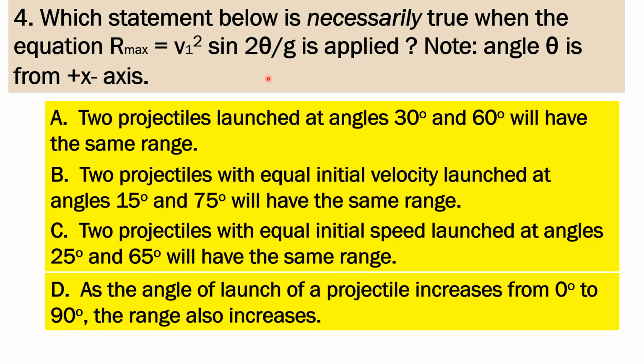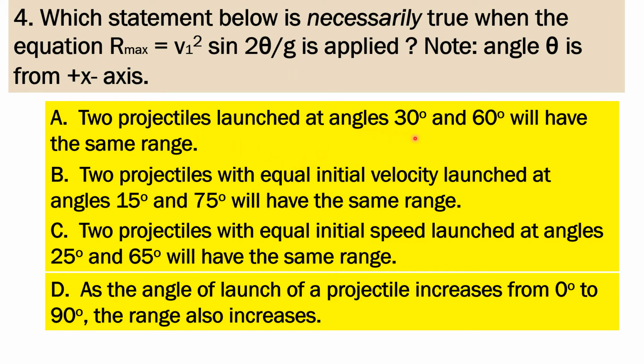In short, I'm sure you know this already, that if the two angles of projection are complementary angles, meaning if you add the two angles their sum must be equal to 90 degrees, the ranges are the same. The complementary angle of 30 degrees is of course 60 degrees.